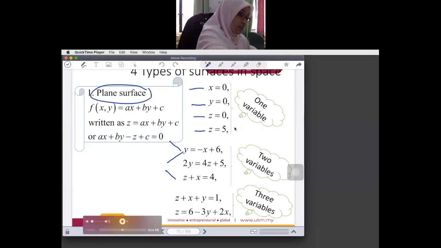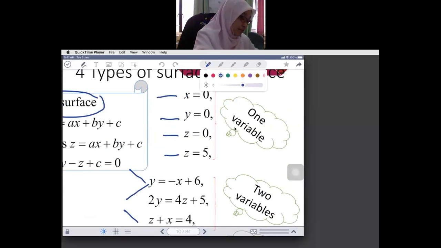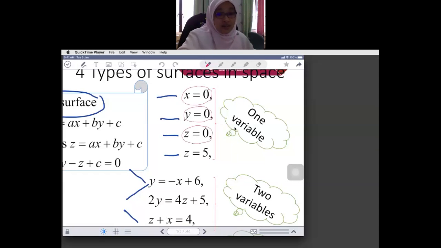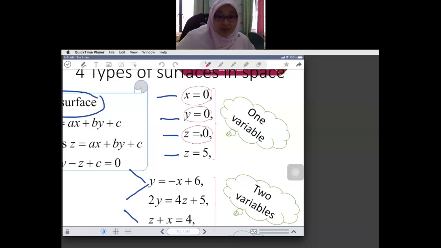So there is a step for you to sketch the graph. For the first three here, x equal to 0, y equal to 0, z equal to 0, we have sketched them before. What are the graphs of these?